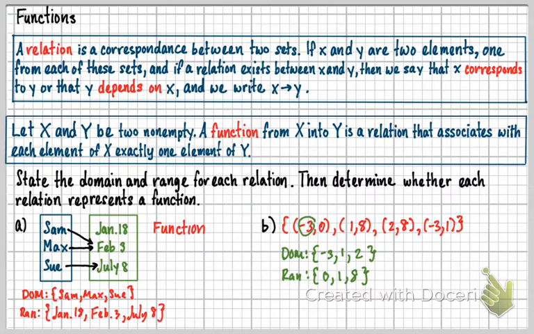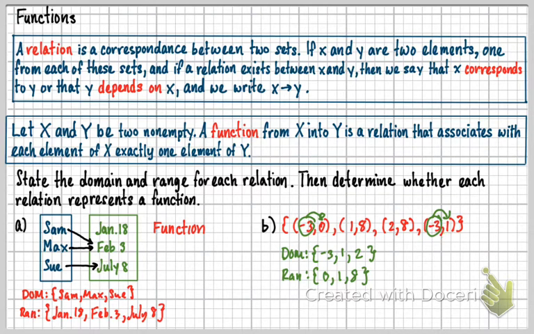So -3 here goes to 0. And do I have any more? Yes, this -3 goes to 1. So this tells me it's not a function because -3 goes to 2 different y values. That's not exactly one y value.